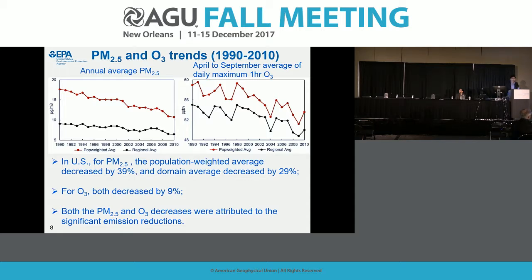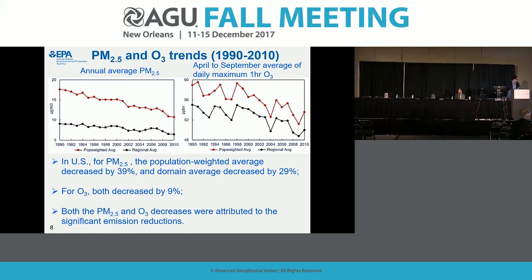Then we estimated the trend of the annual PM and the seasonal-average daily maximum 1-hour ozone with two metrics: the population-weighted average in red and the regional average, the US domain average, in black.